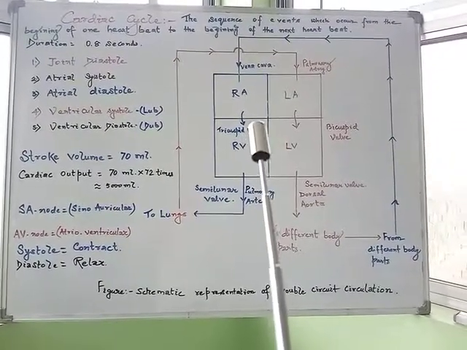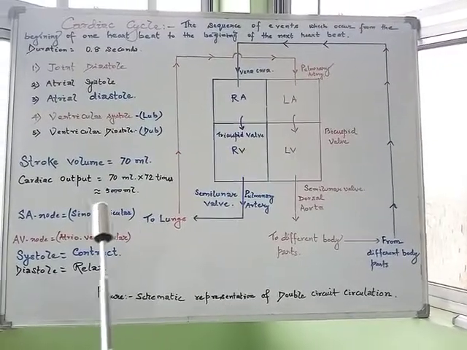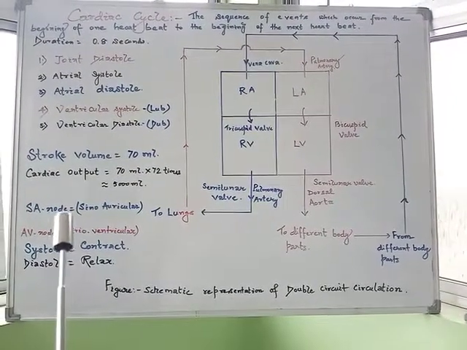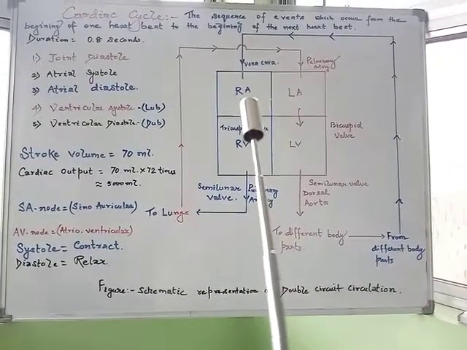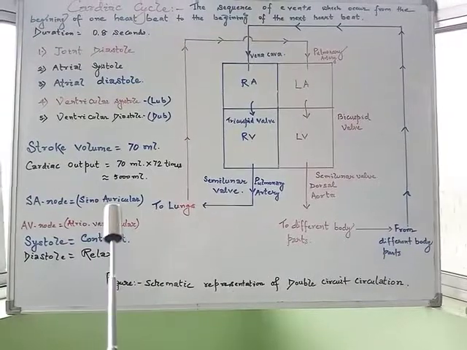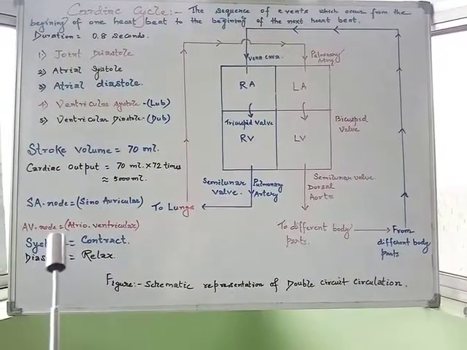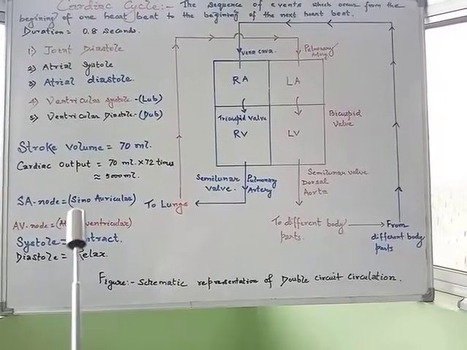Before entering that, we first have to go through the special muscular tissues present within the right auricle: the SA node, which stands for sino-auricular node, and the AV node, which is the atrioventricular node. So what is the SA node?